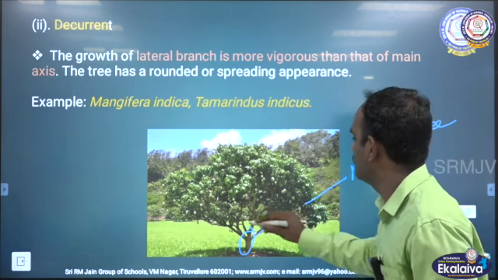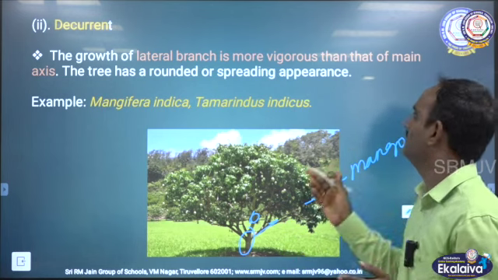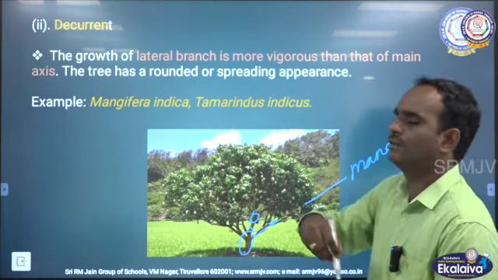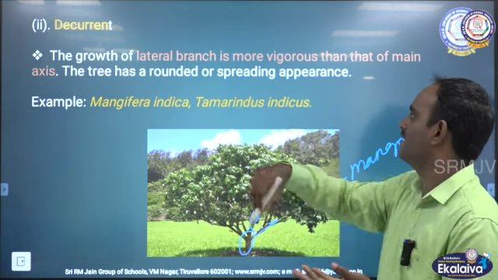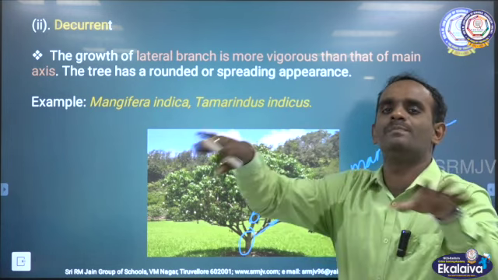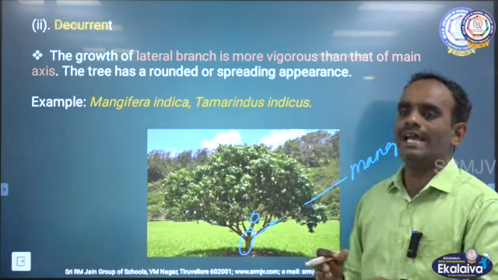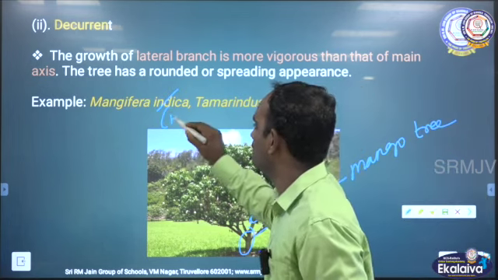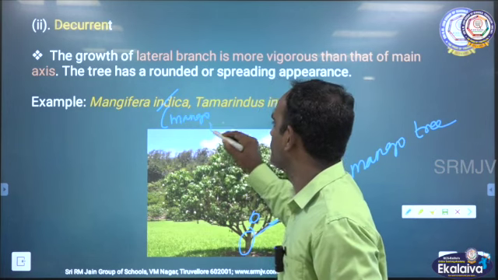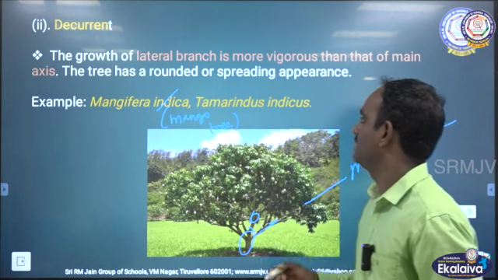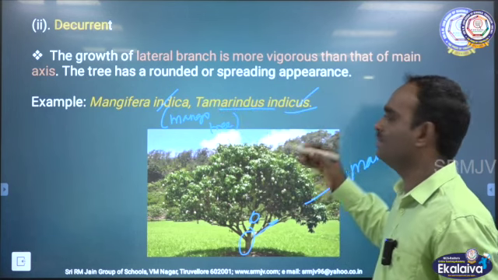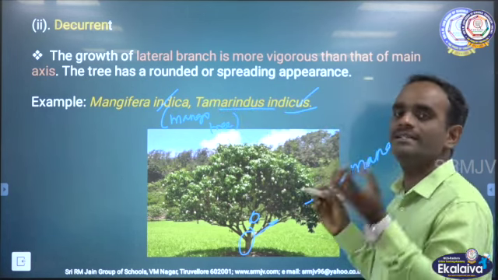The lateral branches grow more vigorously than the main stem. The tree is rounded, spherical in shape, with a spreading appearance. Example is Mangifera indica, which is nothing but the mango tree. Second one is Tamarindus indica, which is nothing but the tamarind tree.